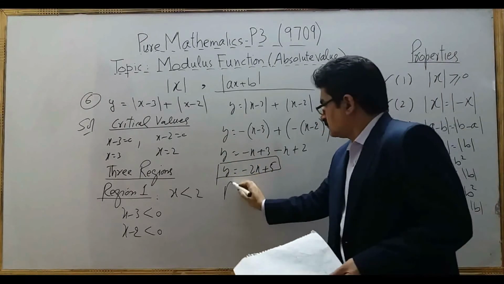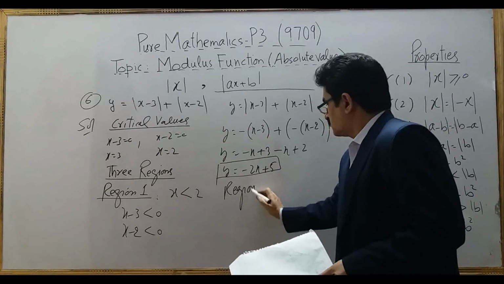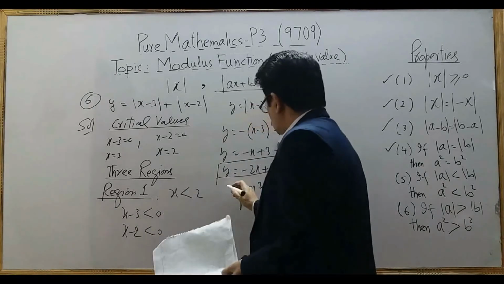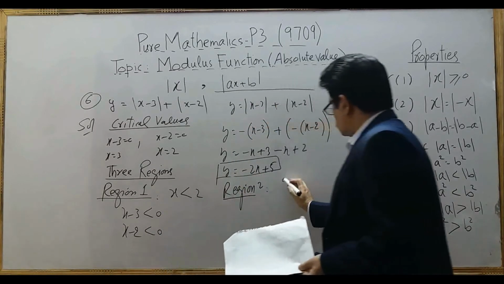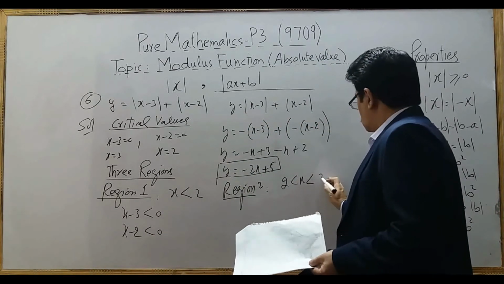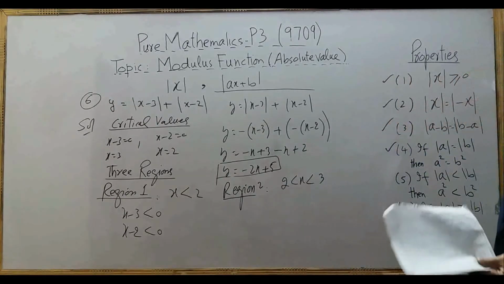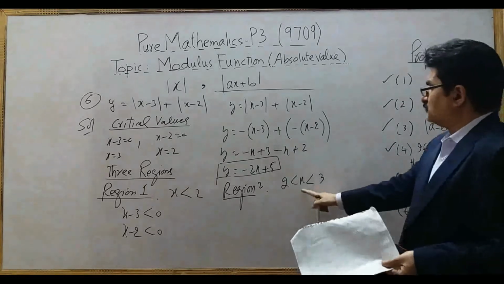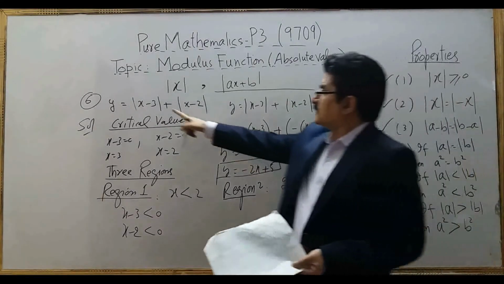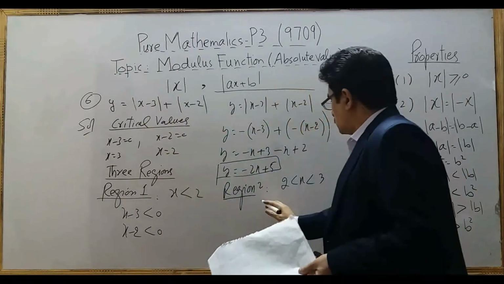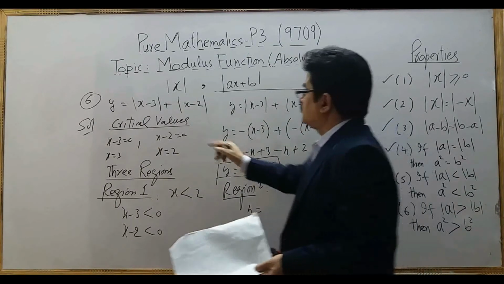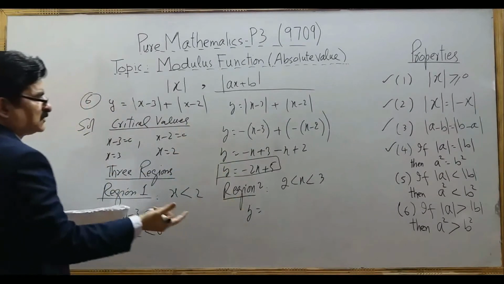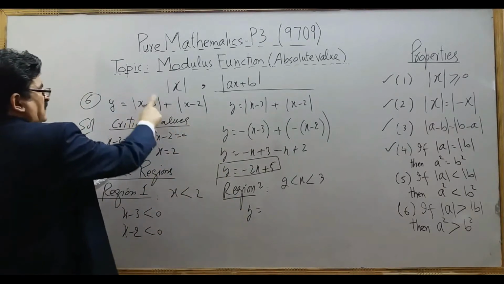Then we have region 2, from 2 to 3. What is region 2? 2 is less than x less than 3. You can check any value, for example 2.5. Here if you put 2.5, then y at 2.5 is negative. So for all values 2.8, 2.9, 2.1, this will be negative.